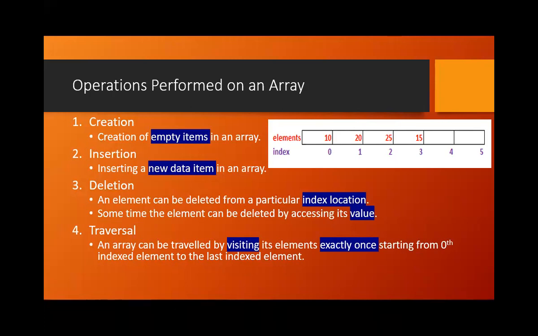You continue your travel in one direction. We won't repeat visiting every station again and again. In the same way, traversal in an array means visiting every element one after the other, exactly once. Understood, students? Yes, sir.